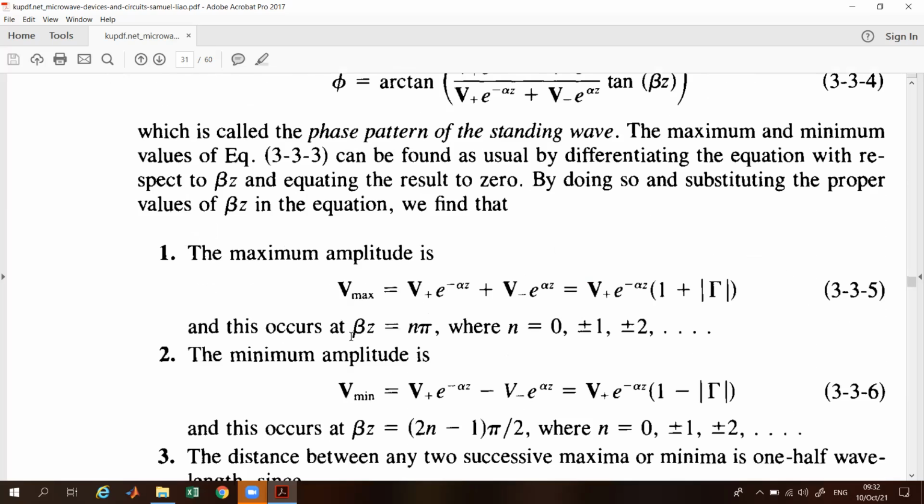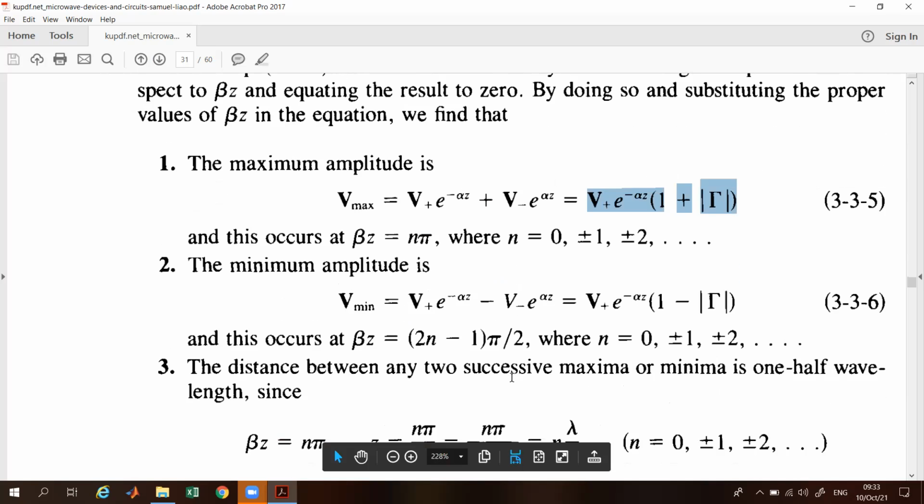So this is what is coming here. n equals, you have to apply your trigonometry here. For the maximum amplitude, n will be positive, meaning 0, 1, 2 values. Then it will become plus sign here, so this is the maximum amplitude.